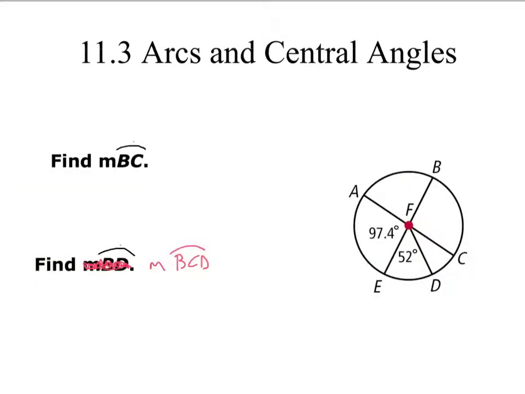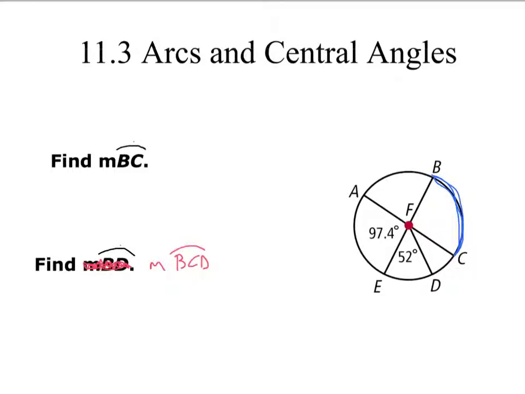All right, so we're going to do a few things with arcs right now. You do not have to write this down, but I want you to note that if you are given two points and you're looking for an arc, think about this very first one that says find BC, that's going to mean a minor arc.